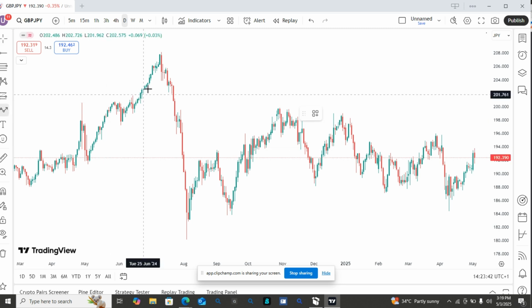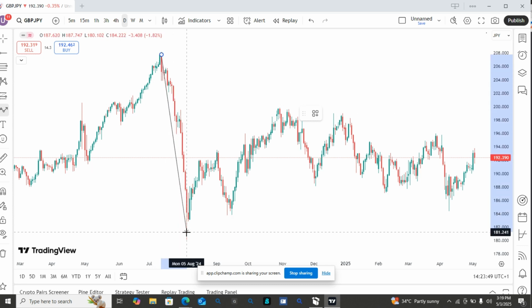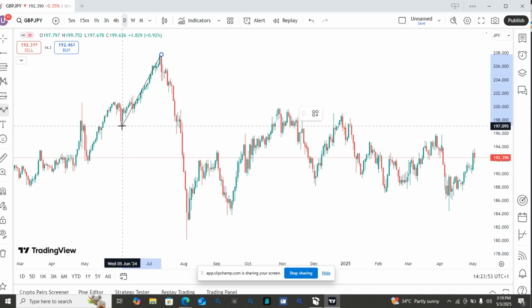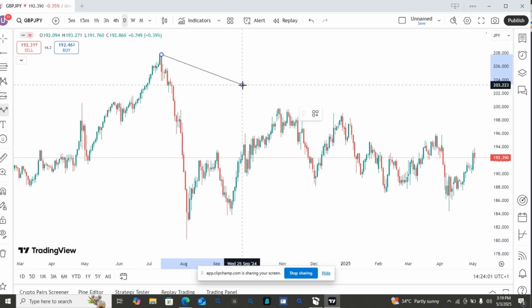So let's start from this zone. When this price created this lower low, because we closed below this zone, this was the last lower high, higher low. Sorry, we have a higher high here, a higher low, and a higher high. But price breached it. Let me do it so that you understand what I mean.